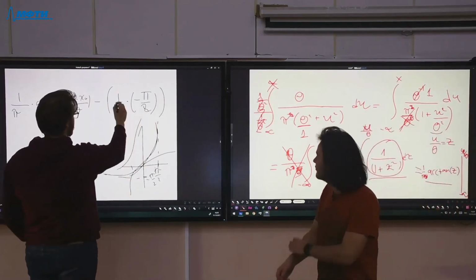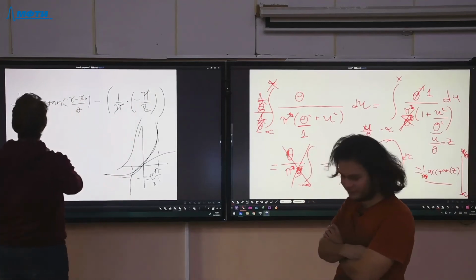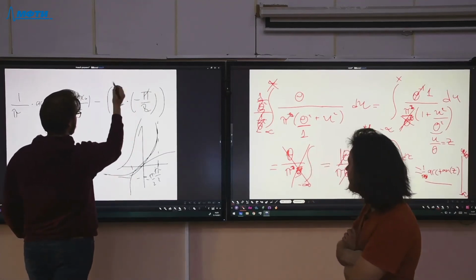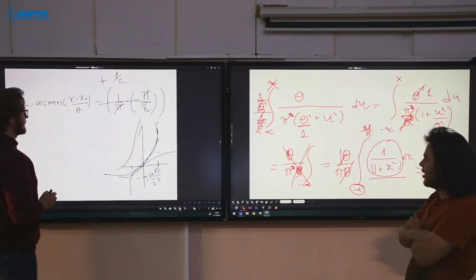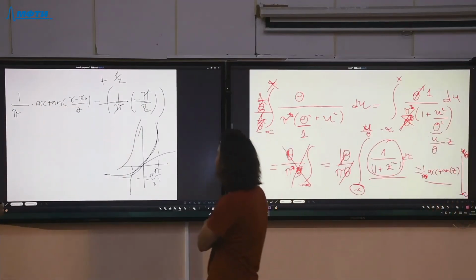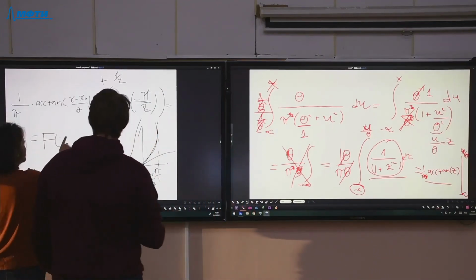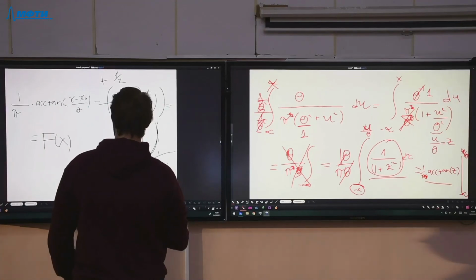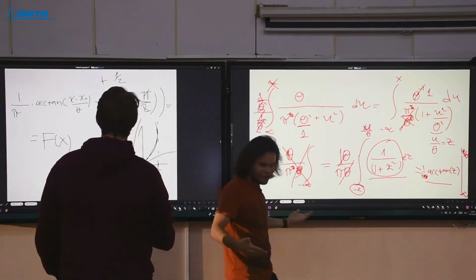Therefore, this pi can go out. This whole thing is going to be plus 1/2. Yeah, that's it. This is the CDF, this is equal to F of x. So this is the CDF of the Cauchy distribution with parameters theta and x0. That's it. Easy.